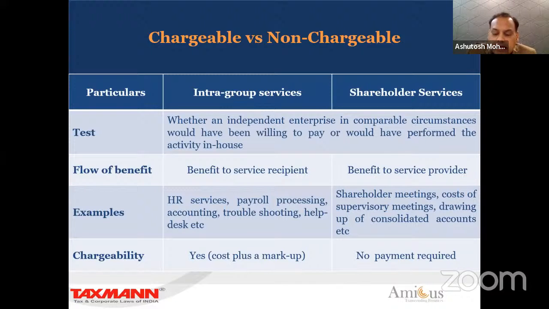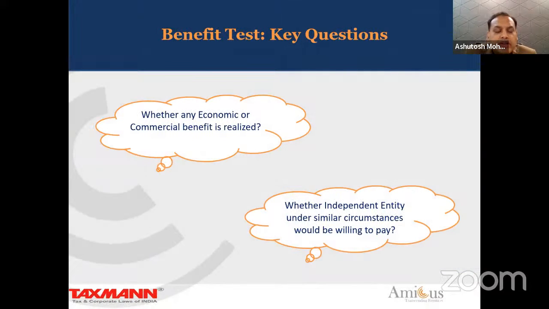If we go back to the two-pronged benefit test which we saw, whether any economic or commercial benefit is realized, the answer is yes. The parent company is realizing an economic or commercial benefit by rendering these services. That is why it's rendering them.